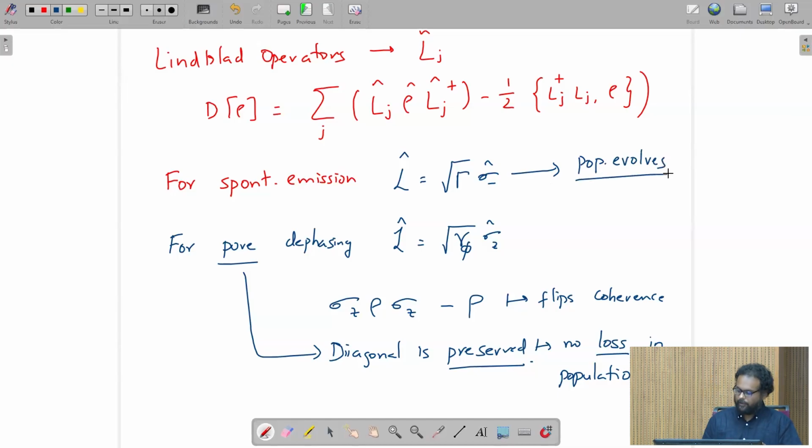But for dephasing, population remains stationary. Now, if I take these two terms, put them into this dissipation term and write it, you don't need to worry about it because it's a bit more involved. But I want to focus on the final part that we will get. Basically, you take these two, put them in this, and then write the equation of motion.